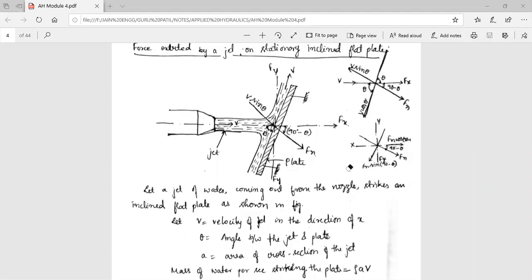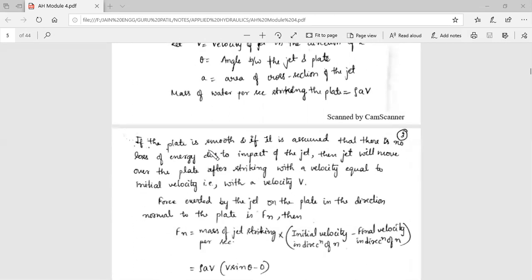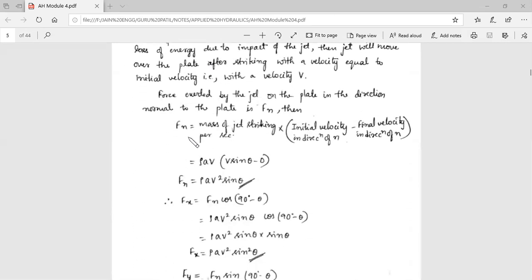Now, dealing with the same concept, we shall go for V, theta and A, the angle of inclination. Again the concept is the same: Fx is equal to the mass of the jet striking per second times the initial velocity minus the final velocity.